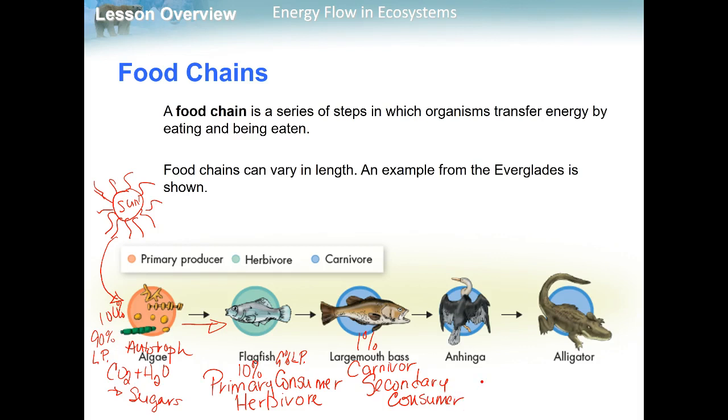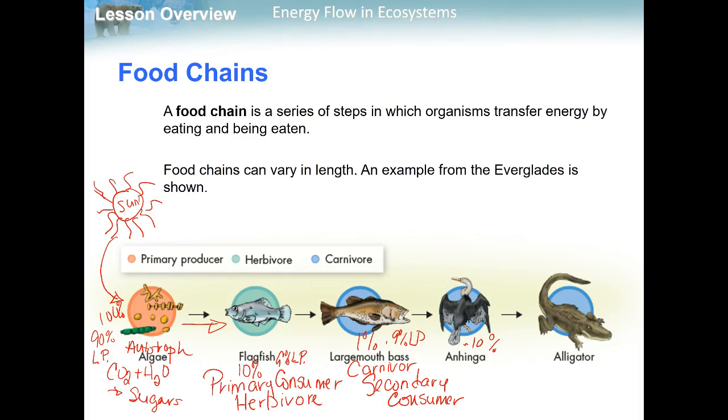Now, 0.9% of this 1% is going to go to the life processes to maintain this largemouth bass, so that when the anhinga, which is a type of seabird, eats the largemouth bass, this bird is now only getting just 0.1% of the energy from the sunlight. So this bird's going to eat the largemouth bass that ate the flagfish, that ate the algae.